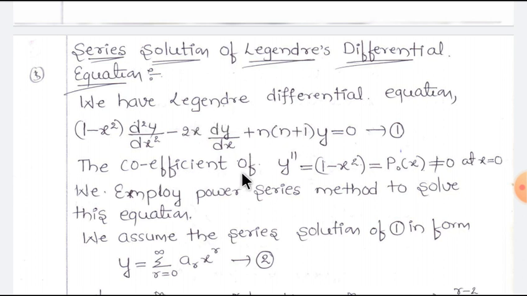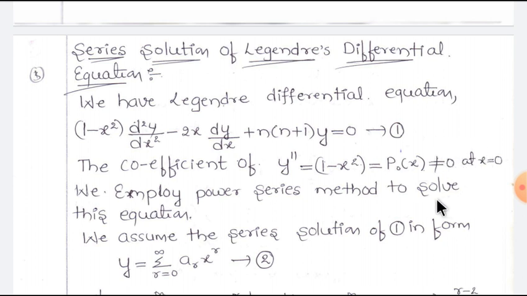The coefficient of y double dash, which is d square y by dx square, is 1 minus x square, which is p naught of x, then p1 of x and p2 of x. So p naught of x is not equal to 0 at x is equal to 0.